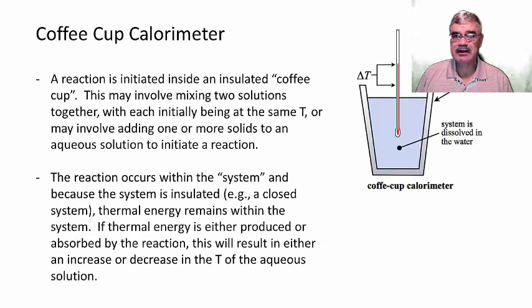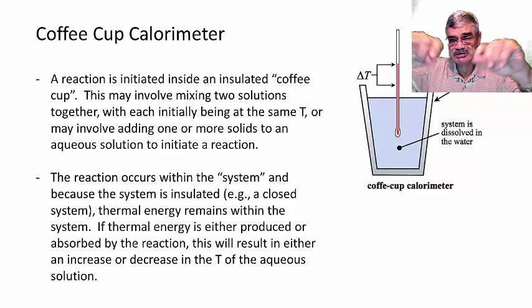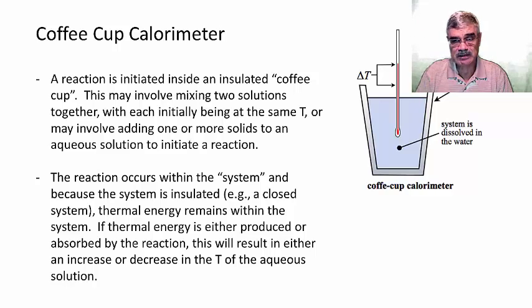So here's a depiction of a coffee cup calorimeter, and it's as the name implies. It can be nothing more than a styrofoam cup in which we initiate a reaction in some way. This can be initiated by either just mixing two solutions together in a coffee cup calorimeter. The two solutions that we mix would initially be at the same temperature, as we will see in a second.